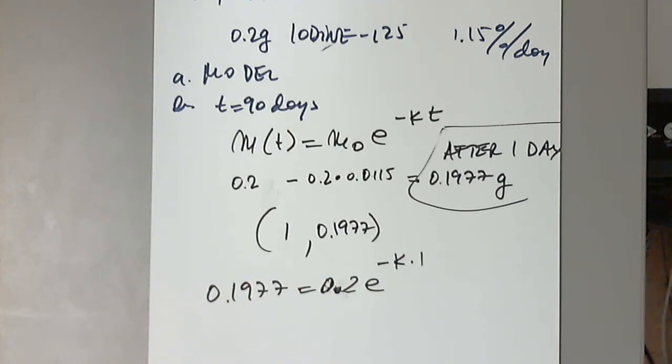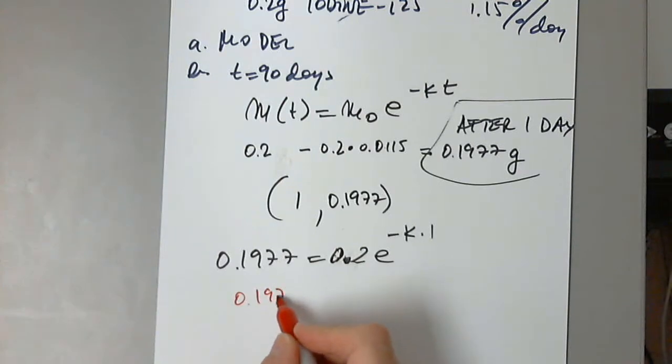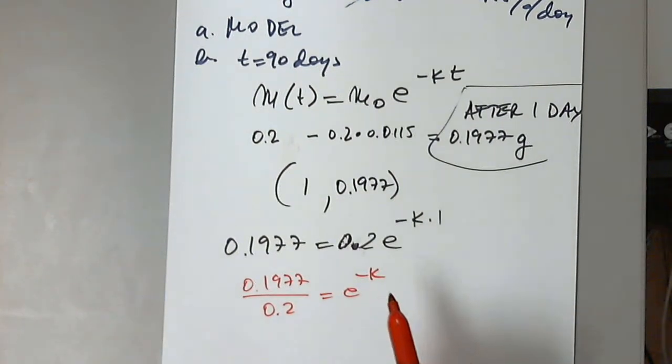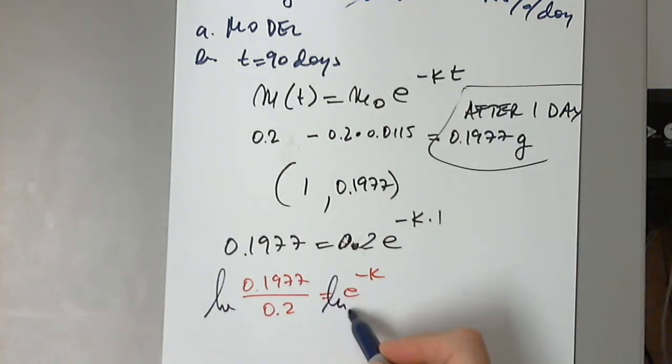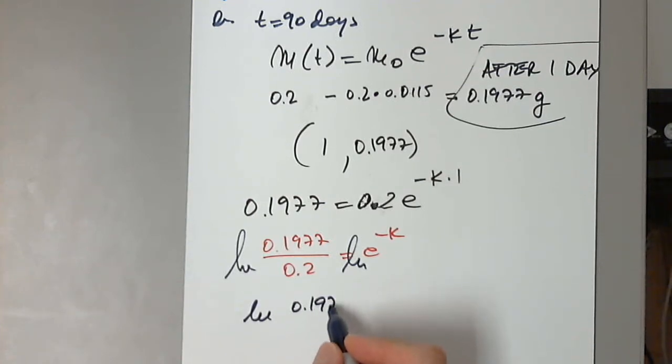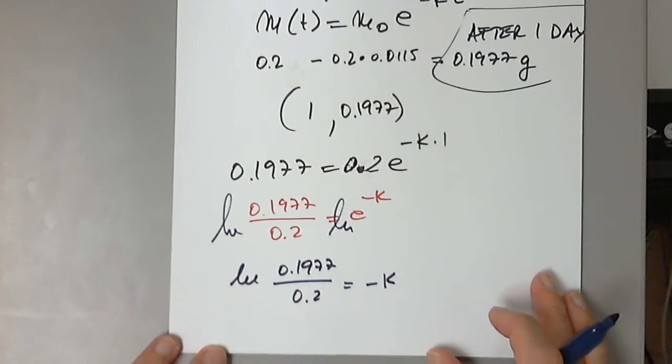Then, of course, we will divide by 0.2, so 0.1977 divided by 0.2 equals e to negative k. Now I know this is an exponential equation, and I will be able to solve for k. How do I solve for k? What do I need to do? Excellent. Apply natural log to both sides. So then I have natural log of 0.1977 over 0.2 equals negative k.